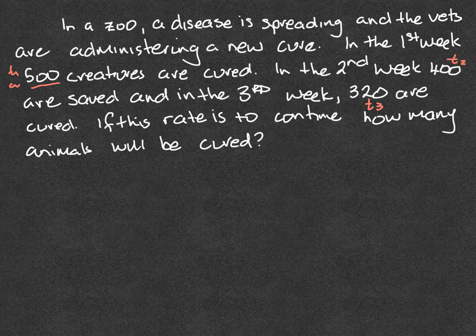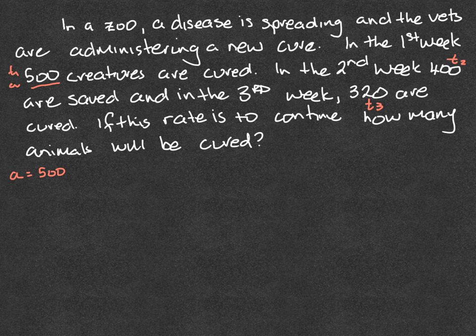You'll notice here we haven't actually specified how many weeks. So that gives us a clue that we're probably going to be using sum to infinity. First of all, we know that our A value is equal to 500. There's been no n, so that gives us another clue to the sum to infinity.